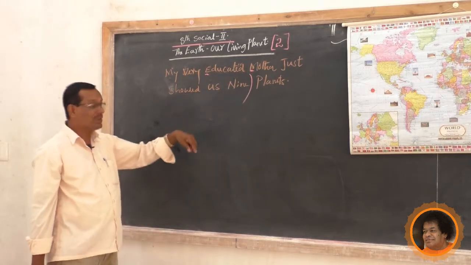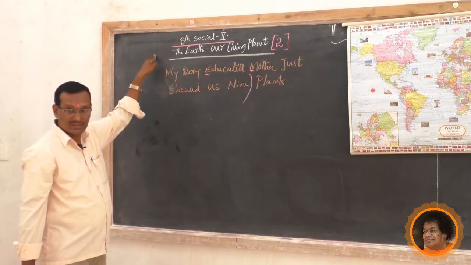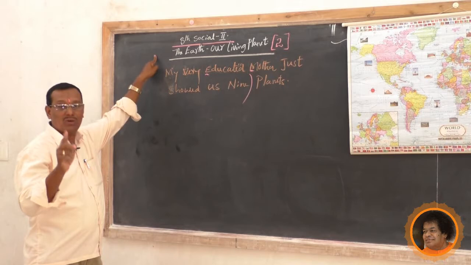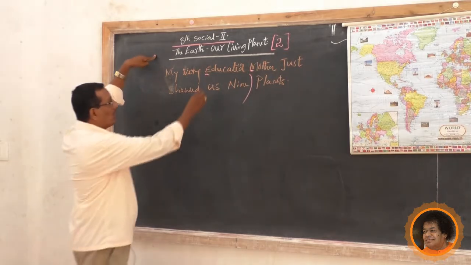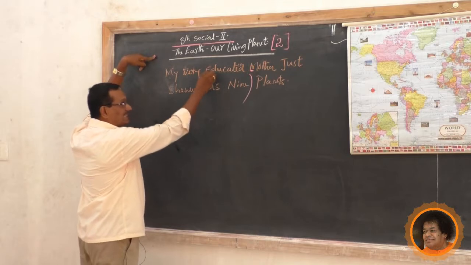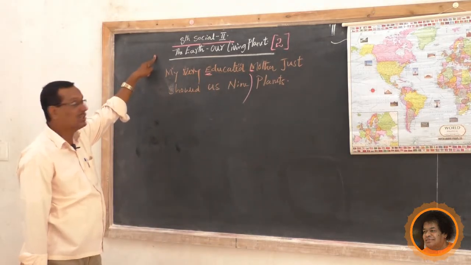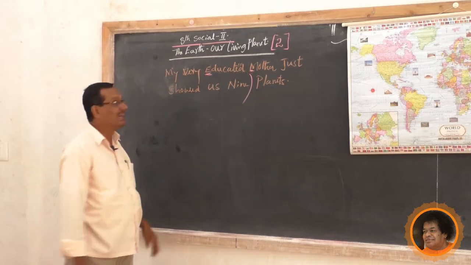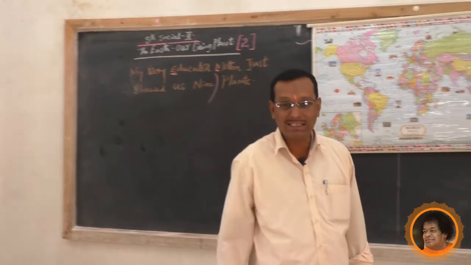It is in the third place from the Sun. The Sun is the center of our solar system. Therefore, because of its suitable or favorable distance from the Sun, it is possible for us to live in this planet.